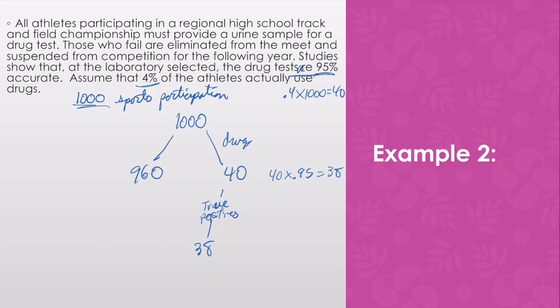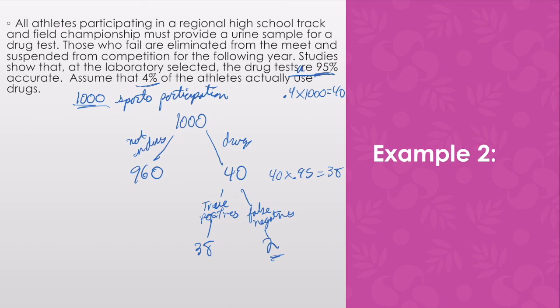But that means I've got 2 false negatives. 2 were actually using drugs and tested negative. Now, that means 2 got away with it, but let's see how that affects the 960 who were not on drugs. Again, this test is 95% accurate.